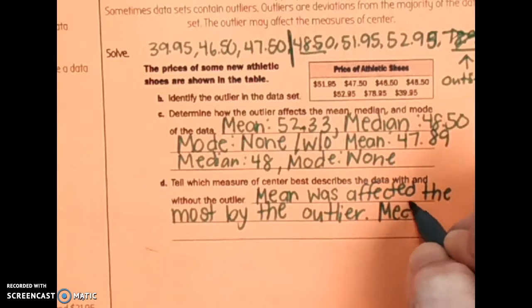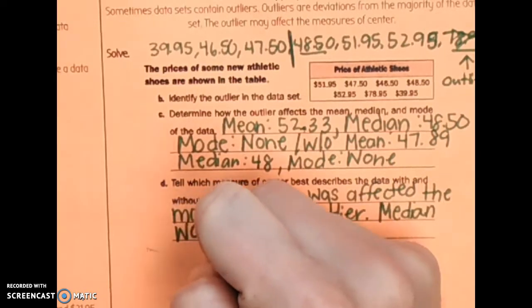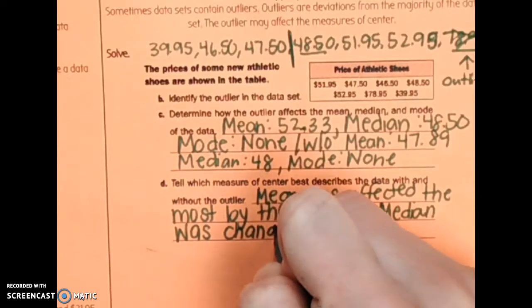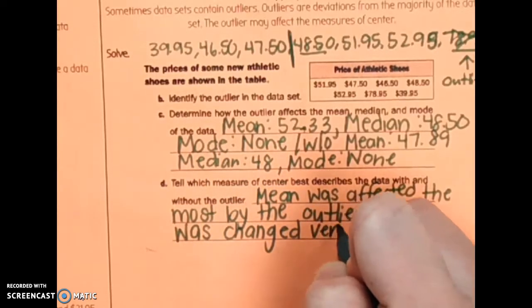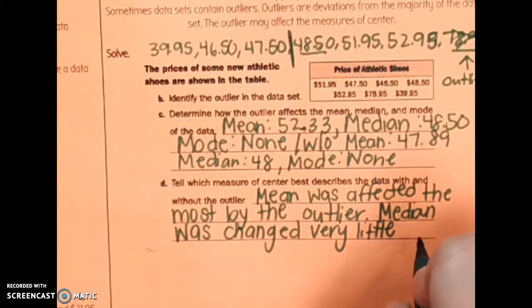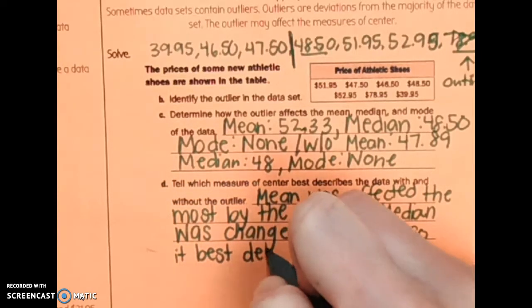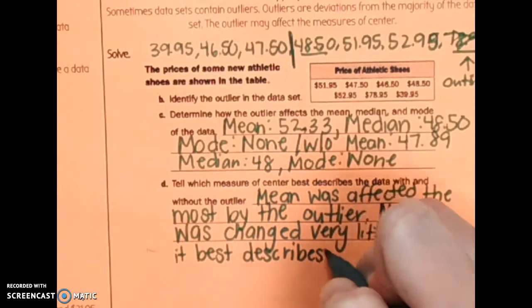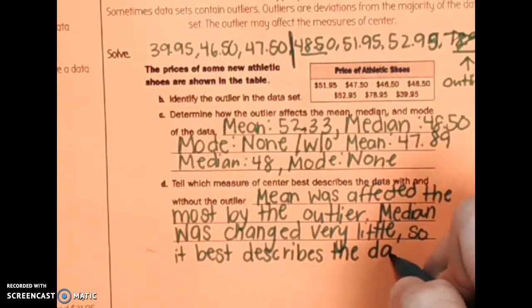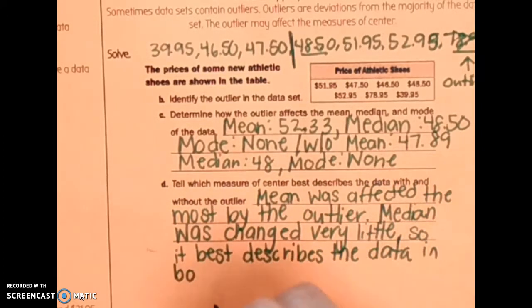So the median was changed very little. So it best describes the data in both cases. And I'm not going to look at the mode because there wasn't a mode.